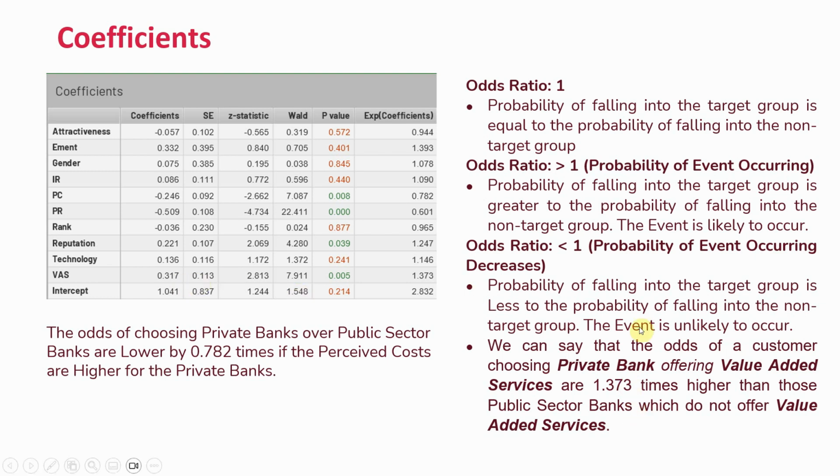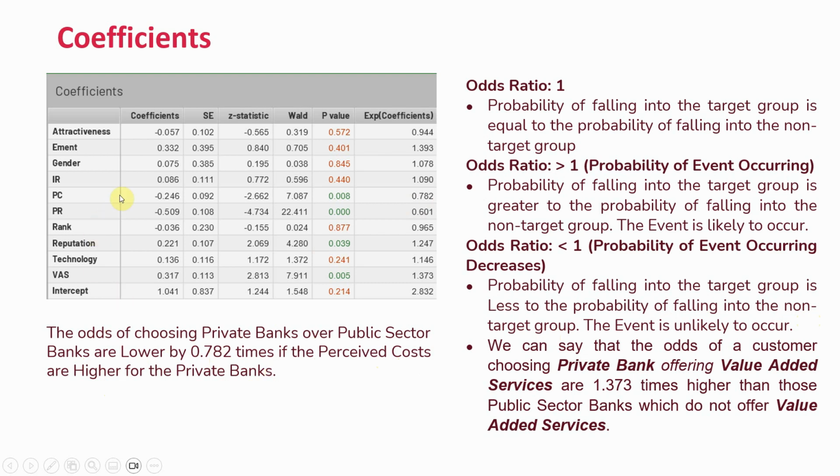Now, let's say this was odds ratio greater than 1. What if your odds ratio is less than 1? Now, let's say perceived cost. The odds ratio is less than 1, which means probability of falling into the target group is less to the probability of falling into the non-target group. The odds of choosing private banks over public banks are lower by 0.782 times if the perceived costs are higher for private banks.